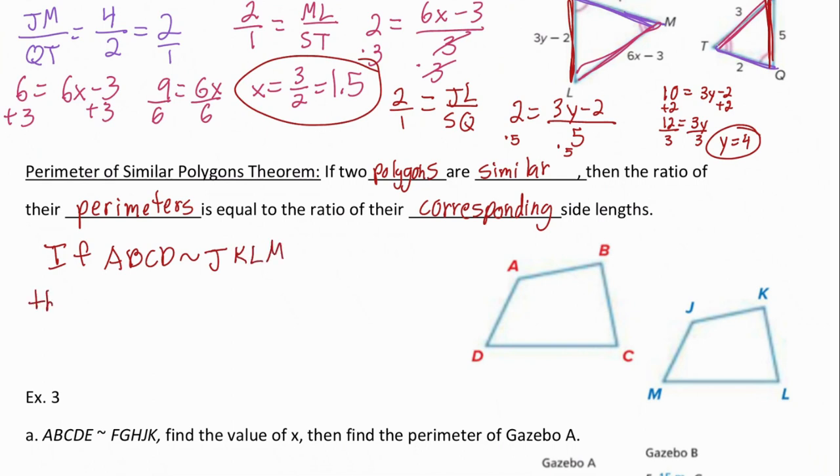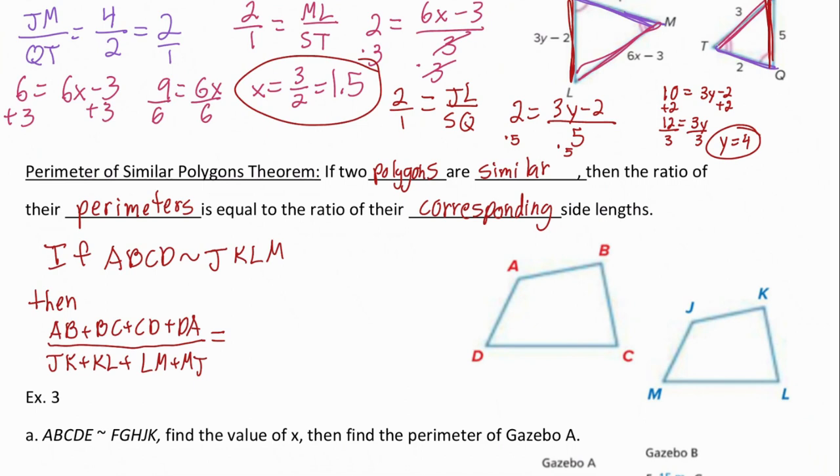then we can say, if we take all of their sides and add them together, so if we take AB and add BC and add CD and add DA, the perimeter, that's adding all the sides together, and divide that by the perimeter of the other one, so JK plus KL plus LM plus MJ, that would be equal to the ratio.